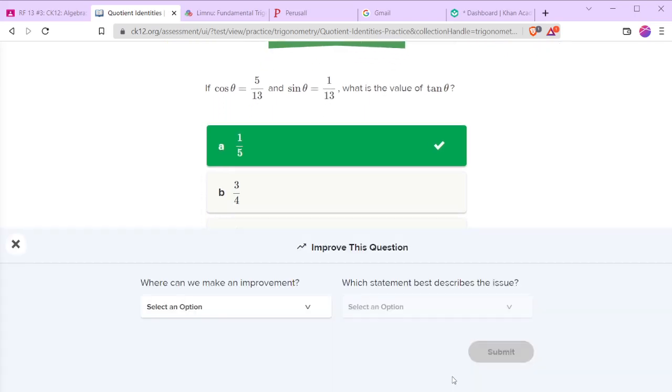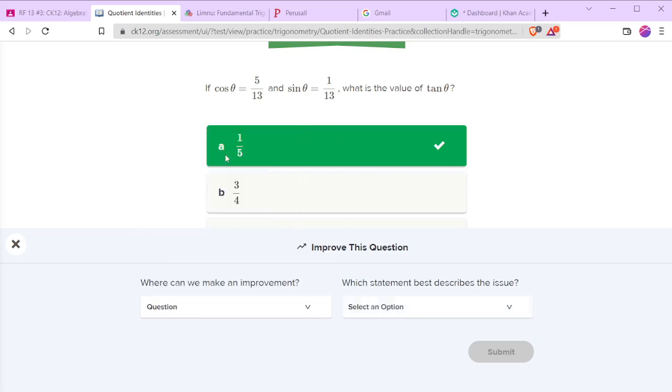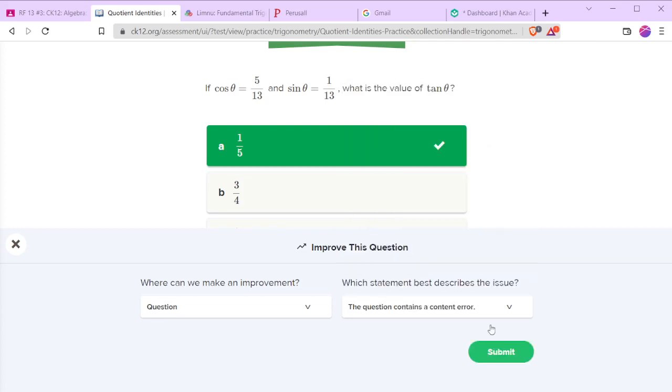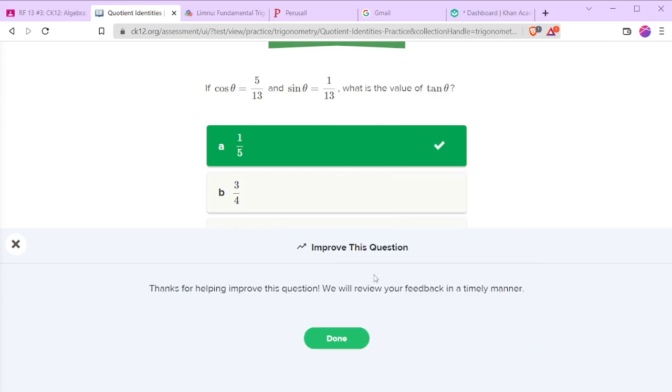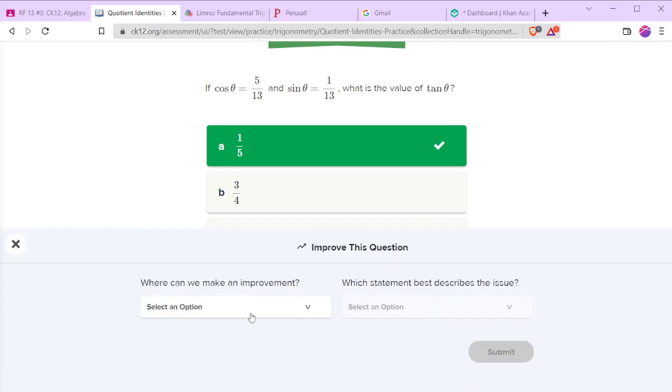So I'm going to improve this question. The option is in the question. Okay, question has a content error. I'm hoping we get a way to do it. We don't have a way to specify, but I will do it again.